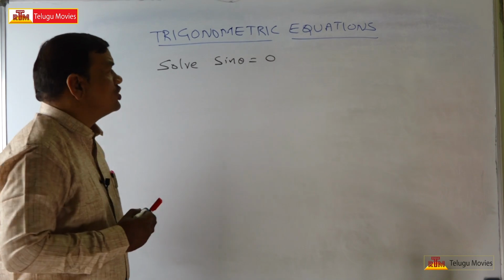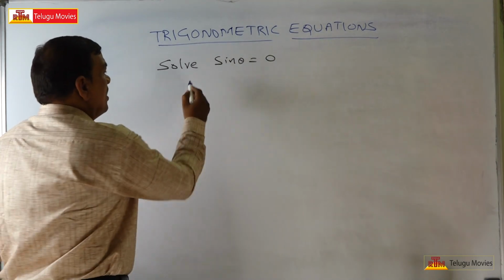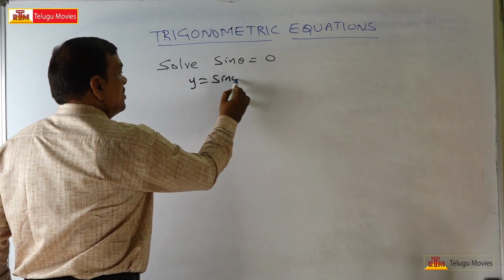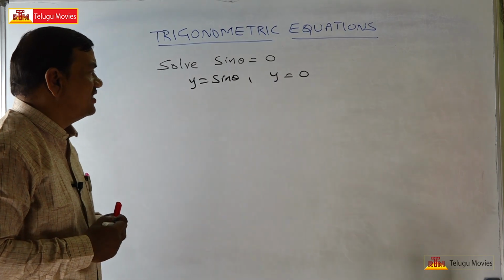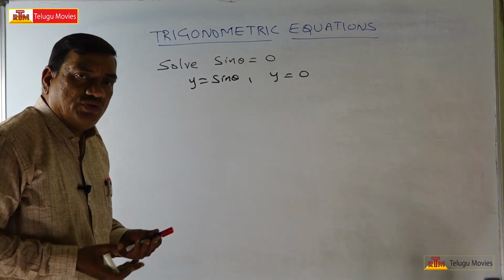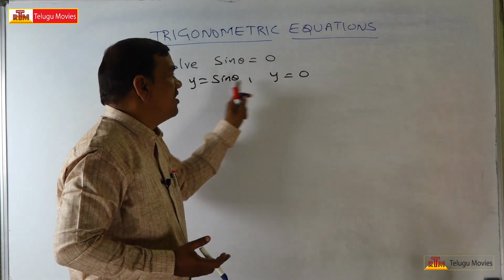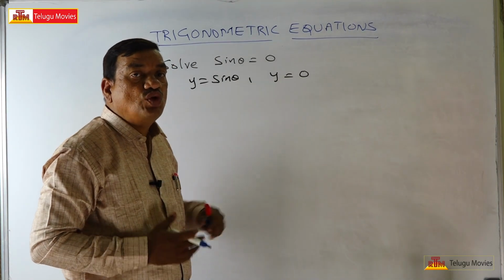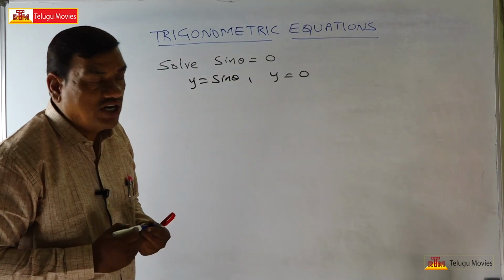So let us draw the graphs of y is equal to sin theta and y is equal to 0. As we know, the points of intersection of these two graphs give the solutions of sin theta is equal to 0. So let us draw the graph.